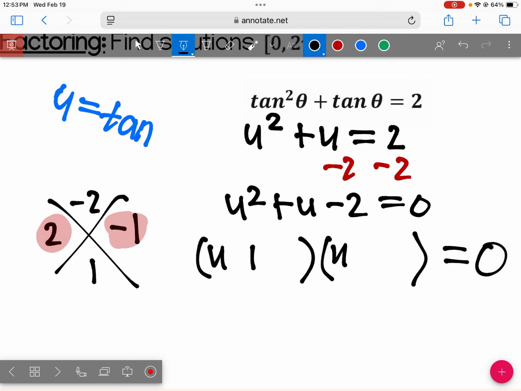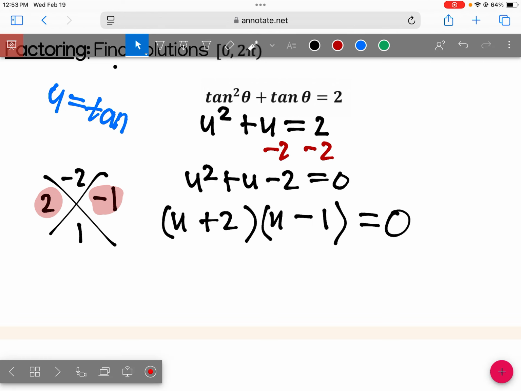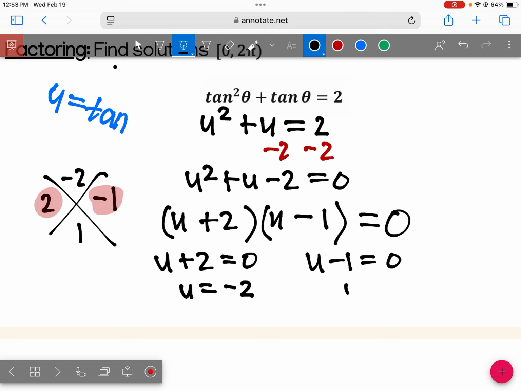So we'll have a plus 2 and a minus 1. So what do you do when you get to this step? You set them both equal to 0. So we got U plus 2 equals 0 and U minus 1 equals 0. And then we got U equals negative 2, U equals 1.